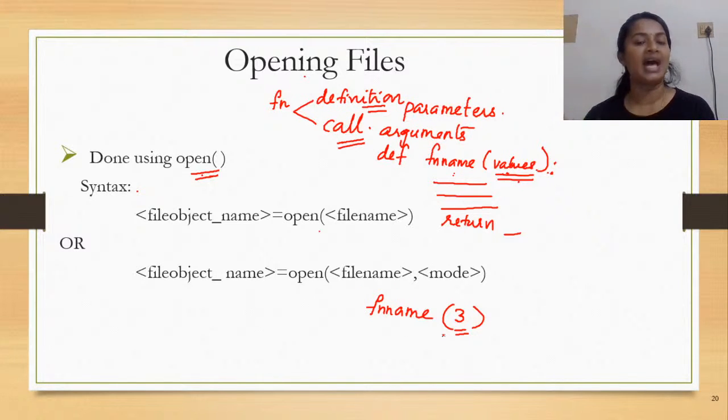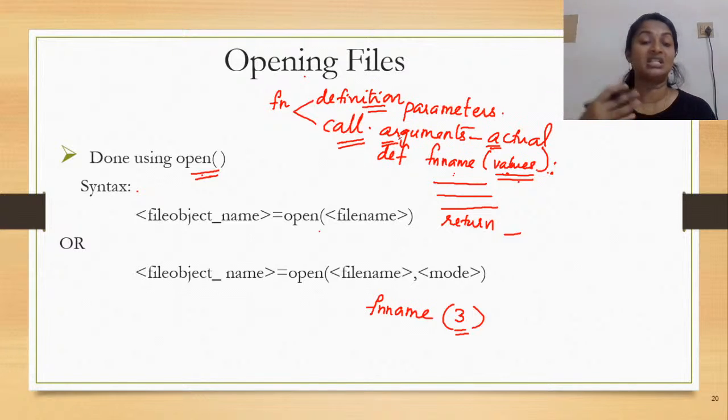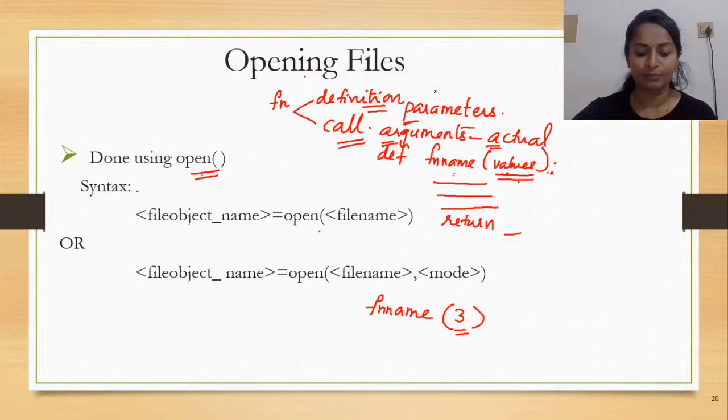So arguments are nothing but actual values. Both of them start with A, so use that as a hint for remembering. Parameters are actually dummy values. I hope I have made the difference between arguments and parameters clear to you.